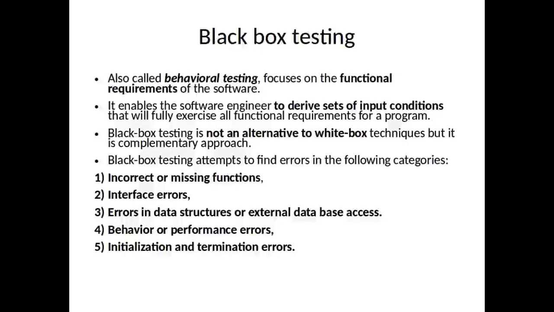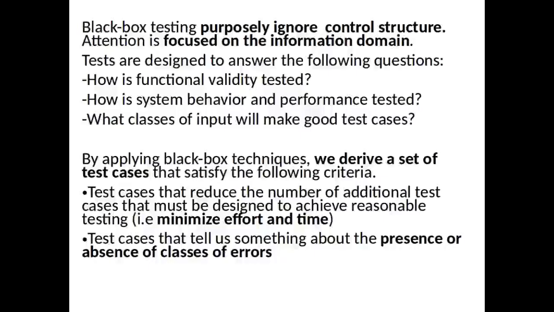Unlike white box testing, which is performed early in the testing process, black box testing tends to be applied during later stages of testing. Black box testing purposely ignores control structure because attention is focused on the information domain.